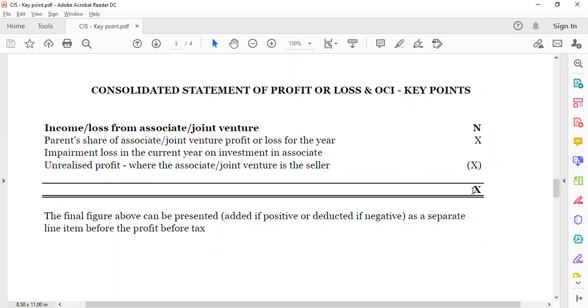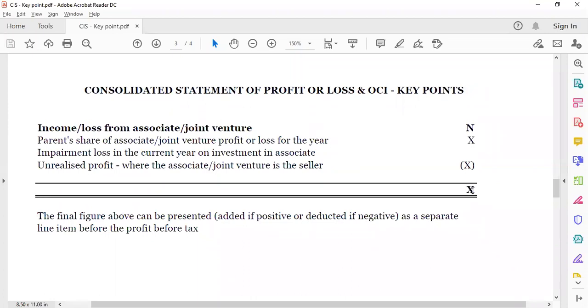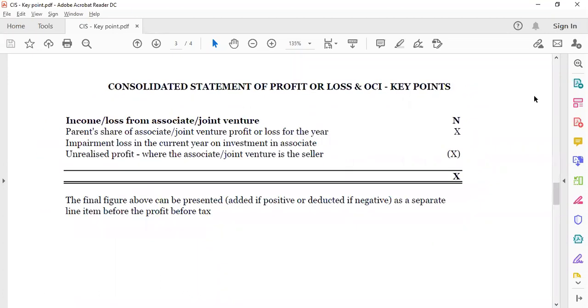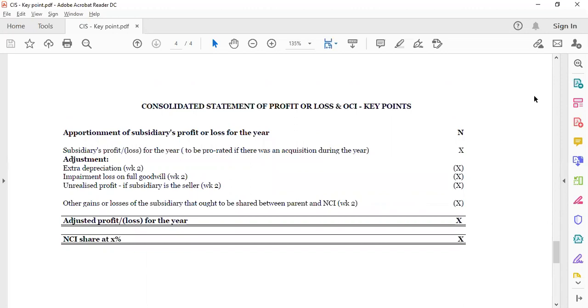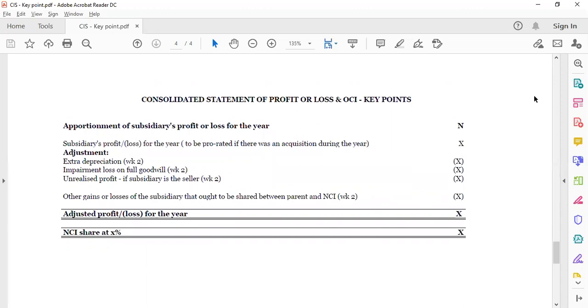Once you have dealt with the income or loss from the associate, the final thing that we usually do is to share the profit or loss for the year. And sharing the profit or loss for the year will require you to make use of this format as well. So this is the subsidiary's profit or loss, and these are the adjustments that will be made to determine the adjusted profit or loss.